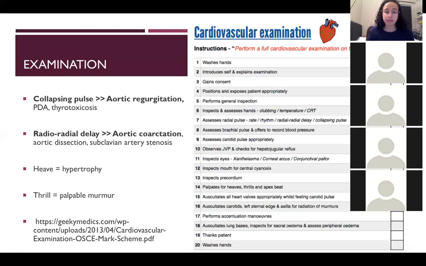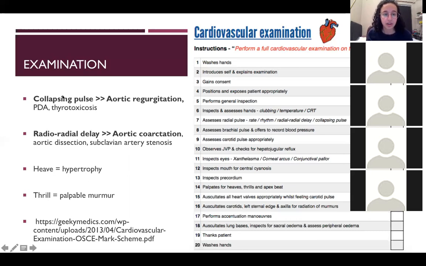So that can mean hypertrophy. And then a thrill is a palpable murmur. That's less of a banging sensation against your hand, more of a vibration. It's usually here that you can feel them, or in any of the areas where the valves are, but it's a palpable murmur. So in the examination, you'd say I'm feeling for heaves and thrills, and then do that, and then you take that off.